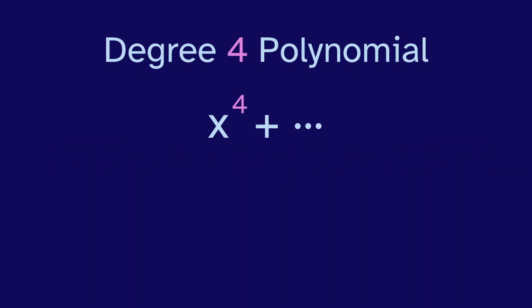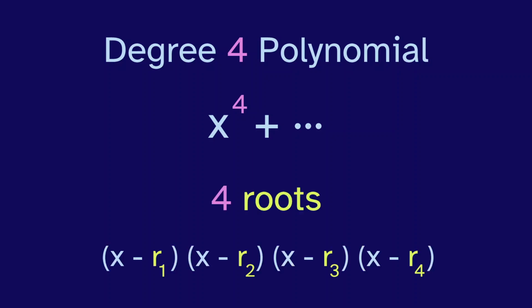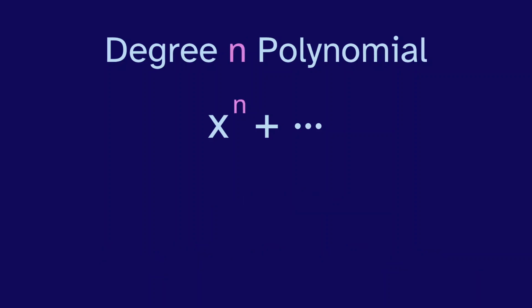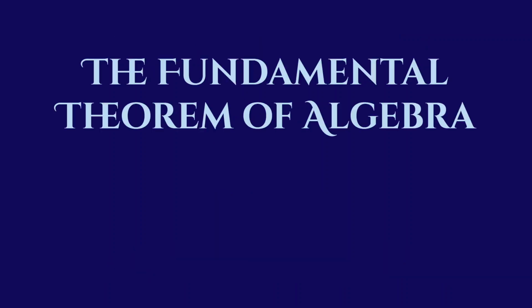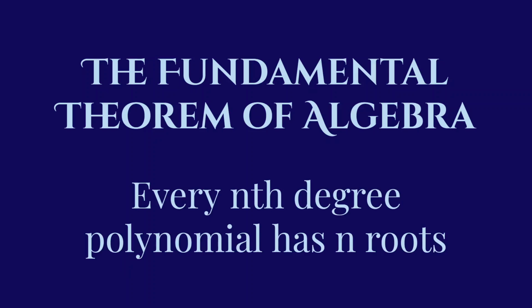If we have a degree 4 polynomial, x to the fourth plus some other stuff, we will get 4 roots, which gives us a linear factorization involving those 4 roots. And any degree n polynomial will give us n roots and a linear factorization with n terms. And this is the fundamental theorem of algebra. Every nth degree polynomial has n roots.